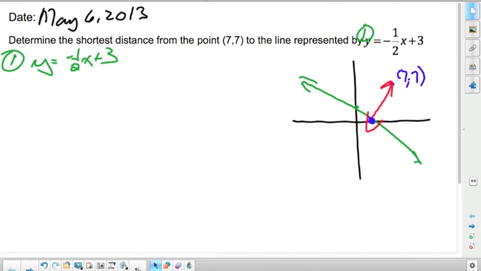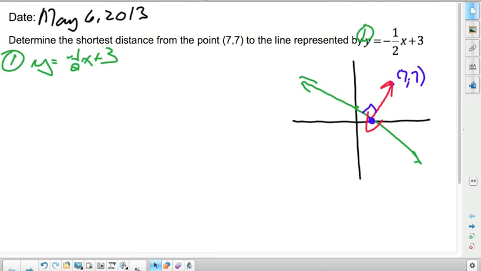Because the slope of the line you're trying to find would be perpendicular to the green line slope. That was the key concept we talked about. The shortest distance from a point to a line has to intersect at a 90-degree angle. We're not going to tell you that. You need to remember this needs to be a 90-degree angle.